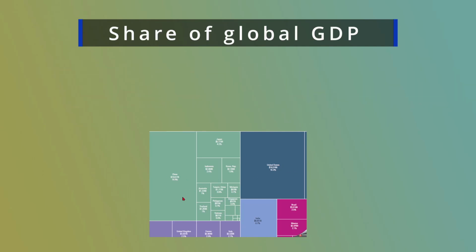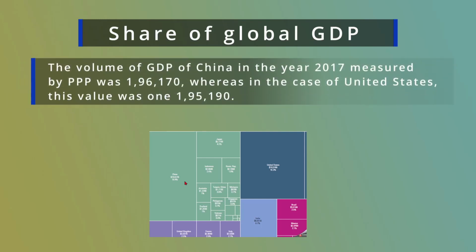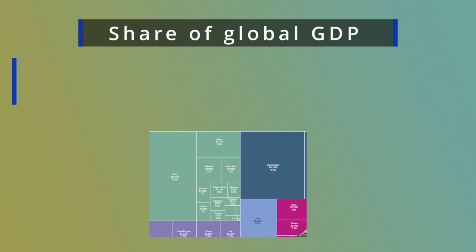States. The volume of GDP of China in the year 2017 measured by PPP was 1,96,117, whereas in the case of United States, this value was 1,95,190.